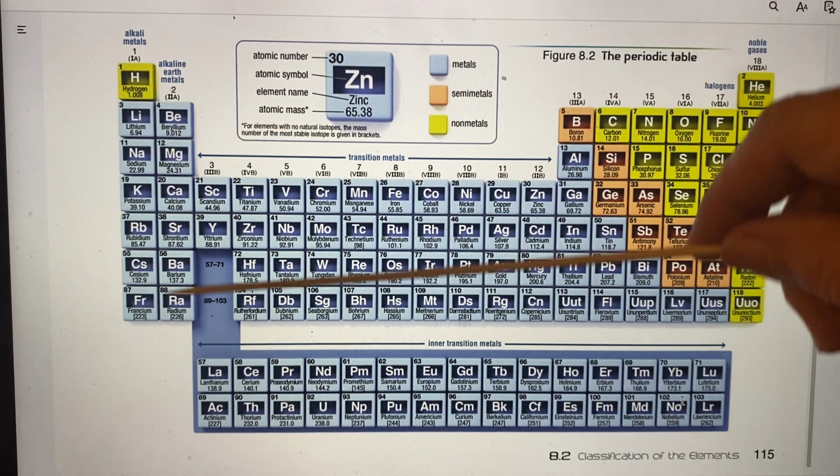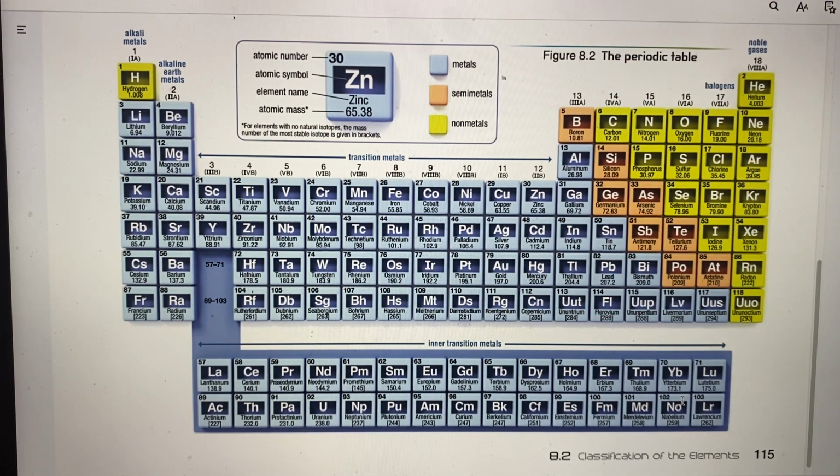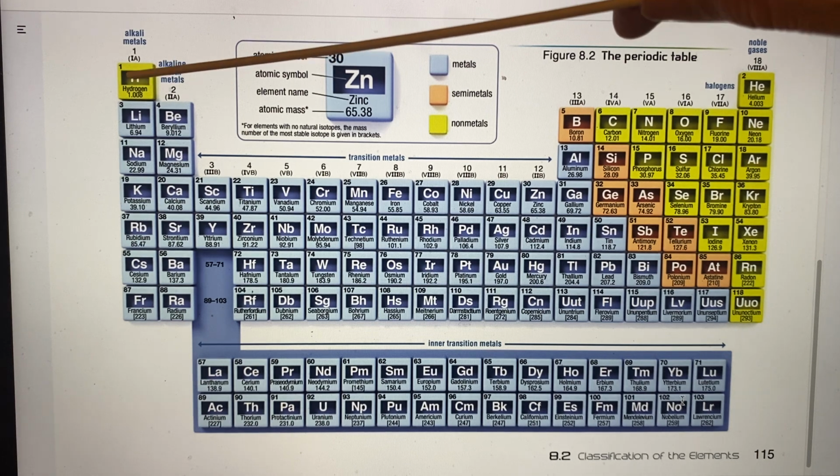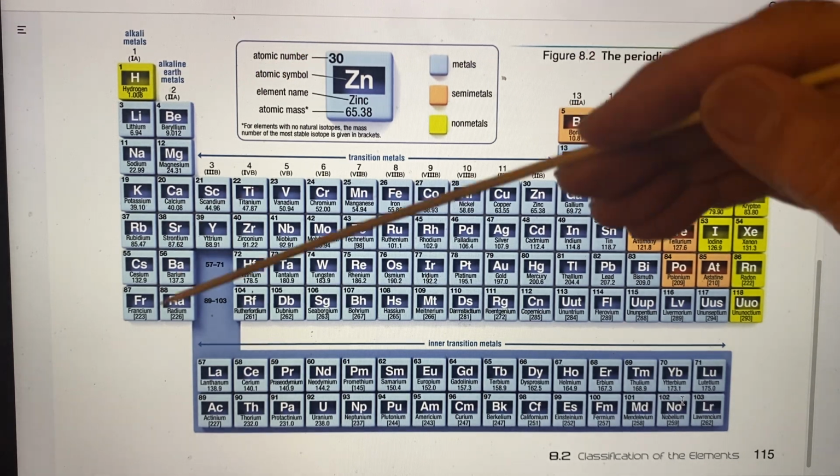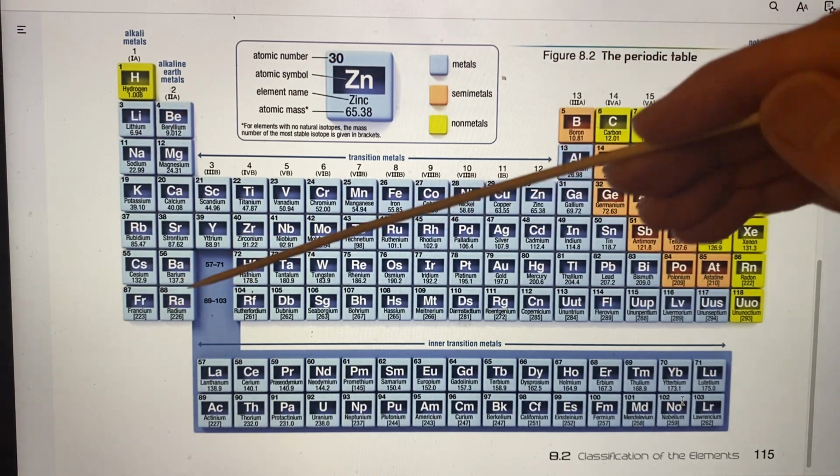Group 2 metals, this group here, is basically your alkaline earth metals. These metals are similar to the alkali, but they don't react as easily, right? And these were originally found in the earth, not in the ashes. So they called them alkaline earth.